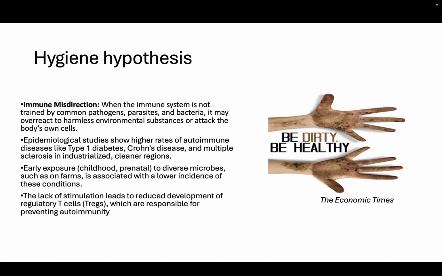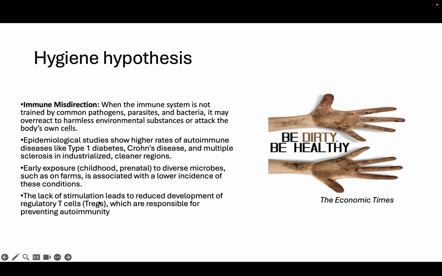So what you see is that if you are more exposed to microbes, for example on farms, you have a much lower incidence of these diseases. This is the hygiene hypothesis. A big reason we think is that when you're exposed to microbes at a young age, your immune system gets taught much more, and it's able to not overreact because it's being taught how to deal with them early, and you develop a lot more Tregs.